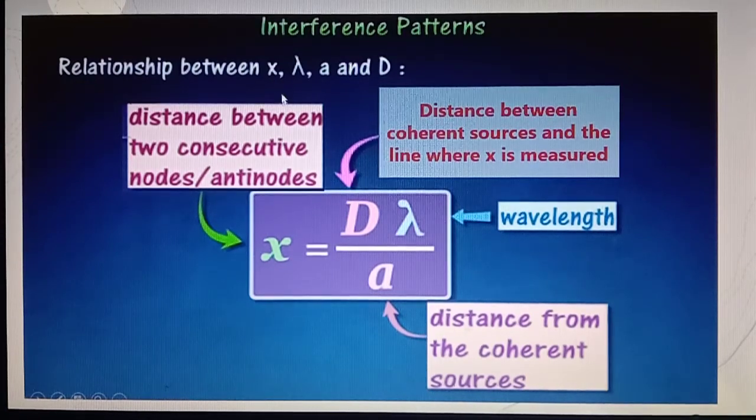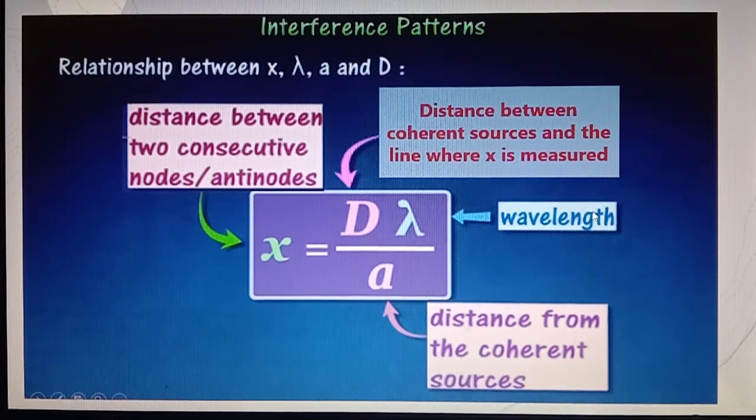Let's say we have this formula, x equals d lambda divided by a. X represents the distance between two consecutive nodal lines or nodes, or antinodal lines. Capital D is the distance between the coherent sources and the line where x is measured.